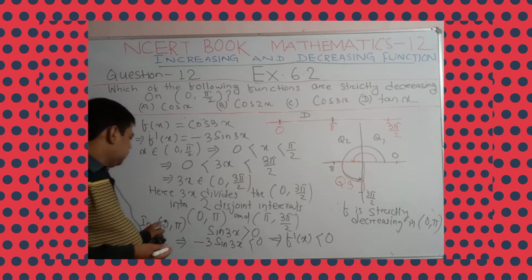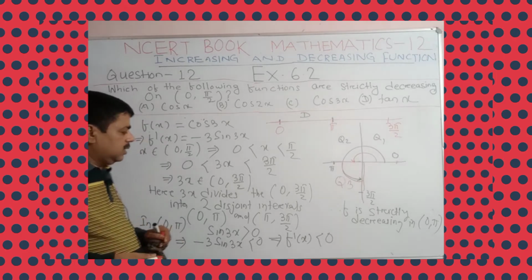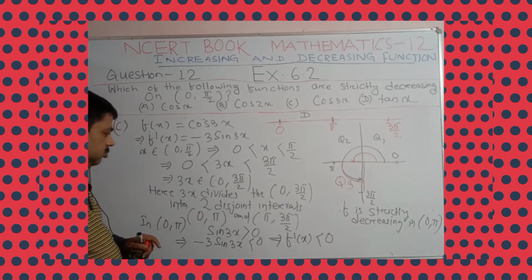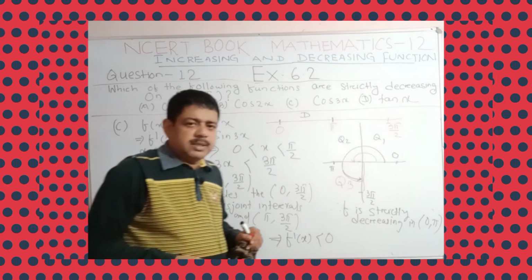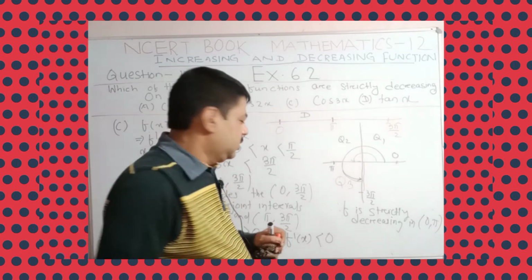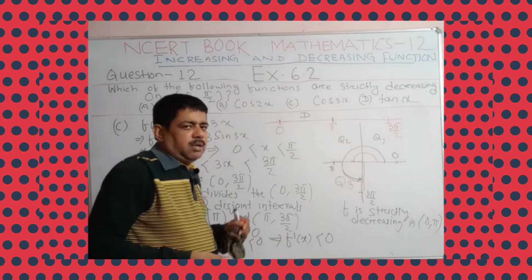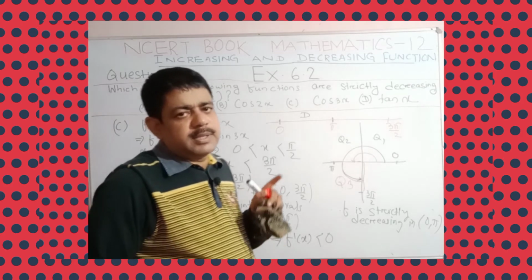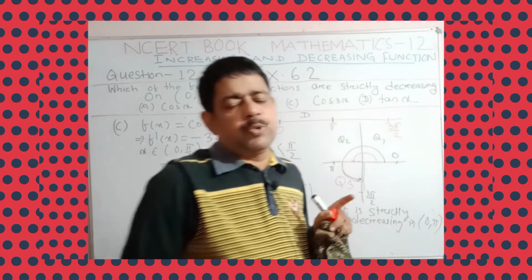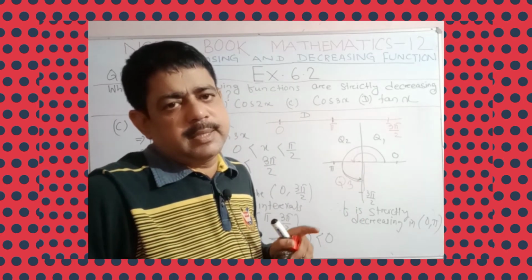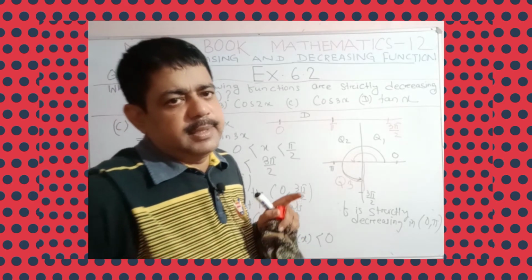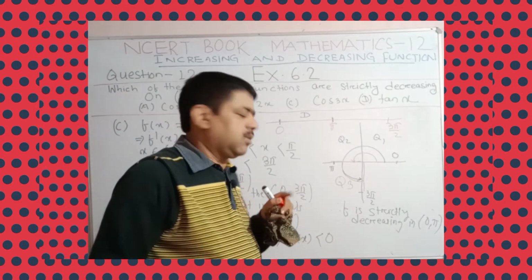In the open interval 0 to pi, sin 3x is greater than 0. We know that in the first and second quadrant, sin theta is always positive, whatever the value of the angle. So sin 3x is greater than 0 because it lies in the first and second quadrant.